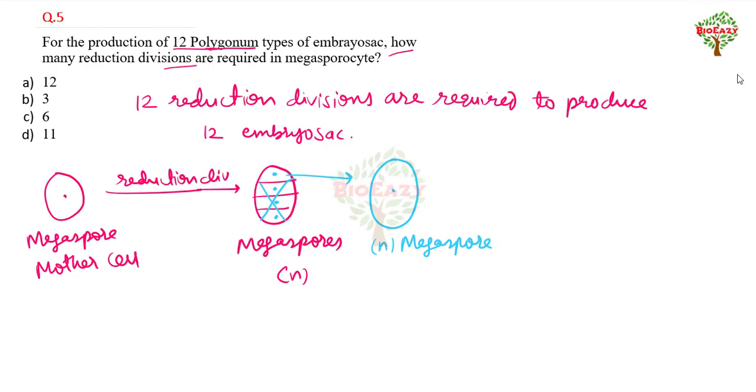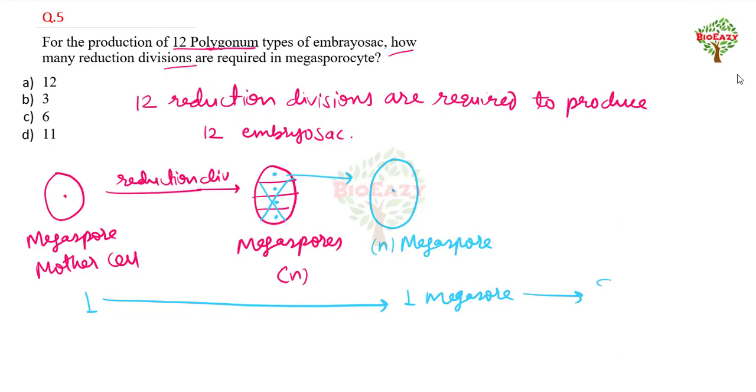So here from one megaspore mother cell, after one meiotic division, only one megaspore is formed, and now in the process of maturation this megaspore is converted into the embryo sac.